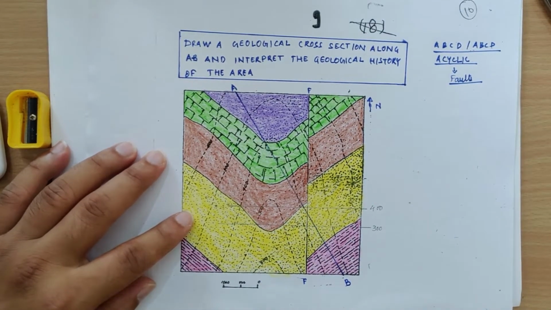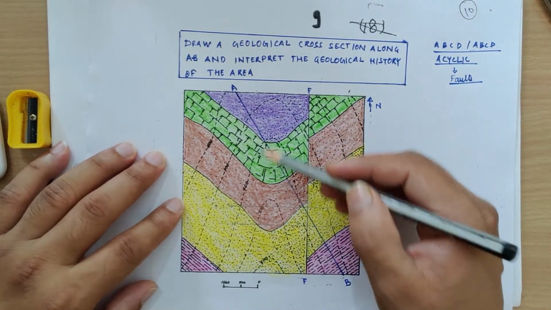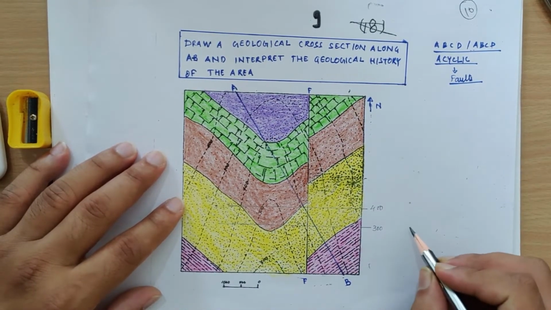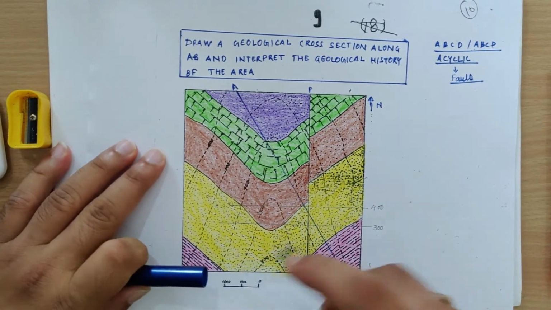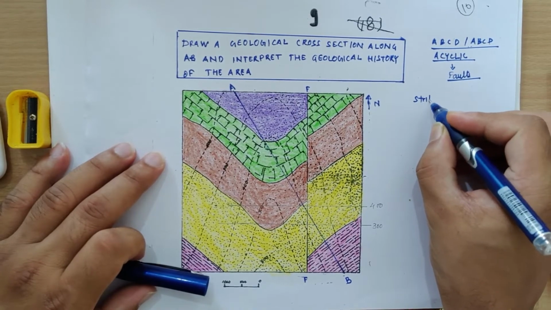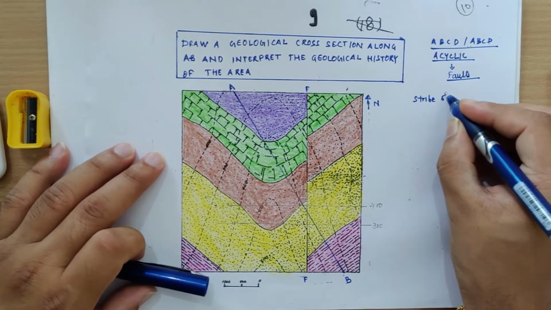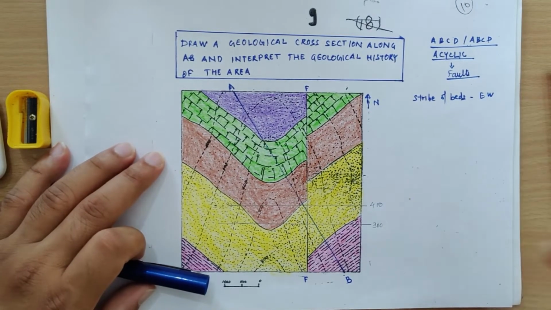So this is the strike direction. The strike is always in the strike line direction. It means that these beds are striking east-west. So we have strike of beds in east-west direction.